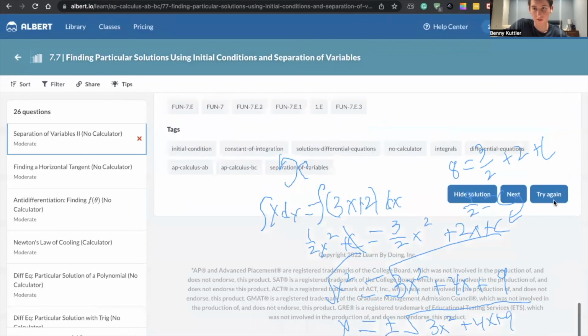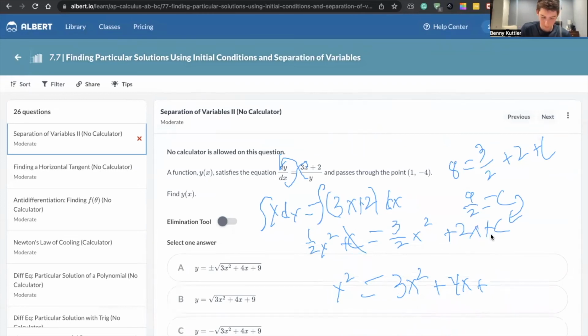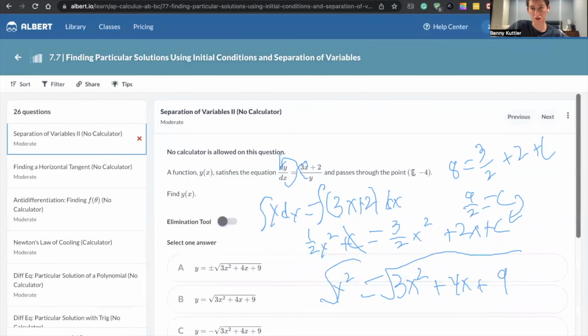Oh, maybe it's just negative. So if we take the square root of both sides, and then knowing our initial condition, we'll have y equals square root of 3x squared plus 4x plus 9.